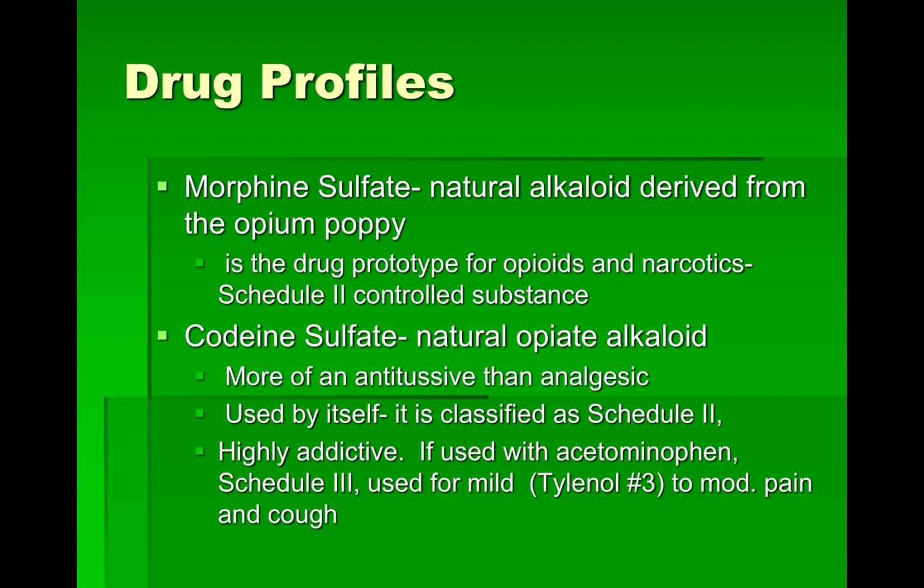It usually has Tylenol in it, like Vicodin, Tylenol with codeine. And Schedule 4 is low potential for abuse, such as Xanax, Valium, Ativan, Versed. Although I've seen a lot of people addicted to Valium and Ativan, and I don't even know why they say that.